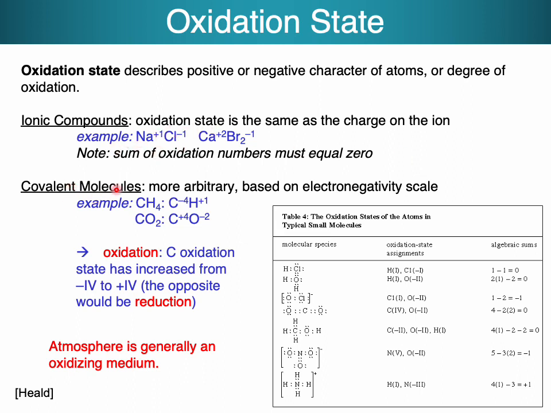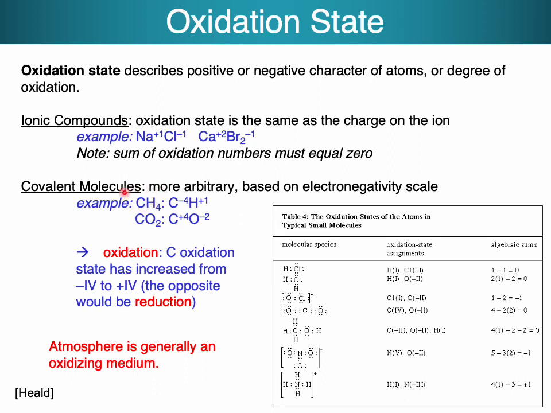For covalent molecules, it is more arbitrary. It really depends on the electronegativity scale, comparing the electronegativity of different atoms. And usually we use the rule of oxygen having an oxidation number of -2 always, and hydrogen having an oxidation number of +1 always. For instance, in methane, CH4, hydrogen has an oxidation number of +1, and 4 of them make it +4.